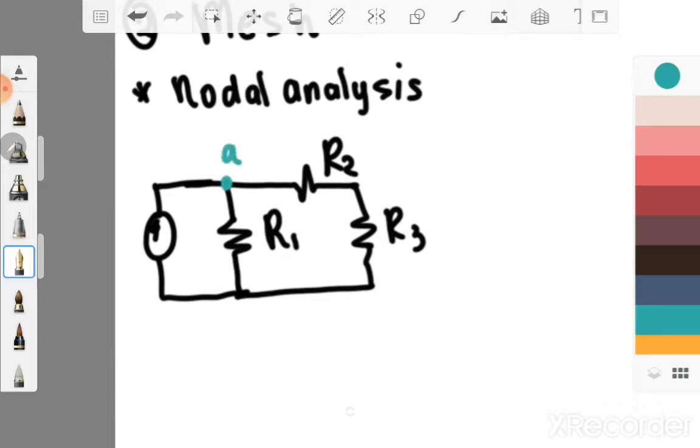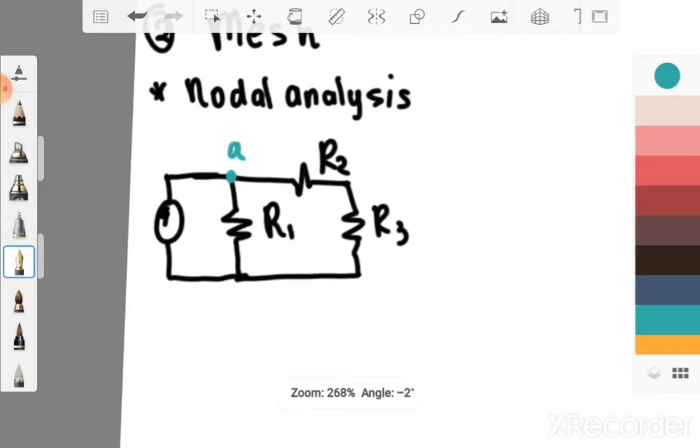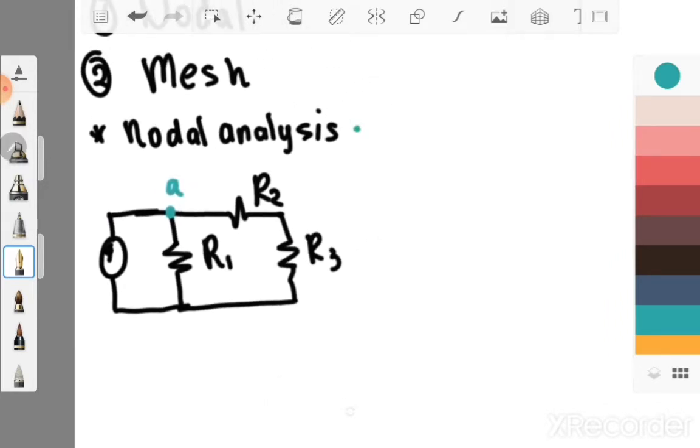When you are using nodal analysis, you must have a continuous KCL. What is KCL? KCL is Kirchhoff's current law.